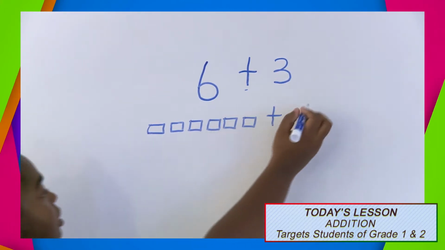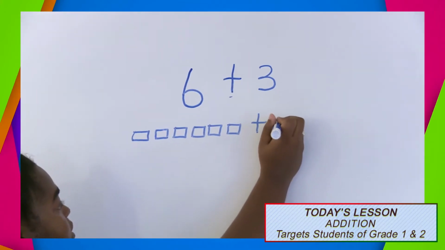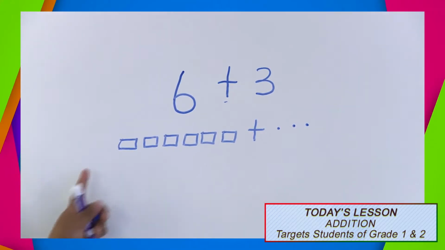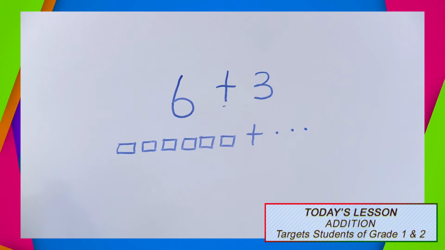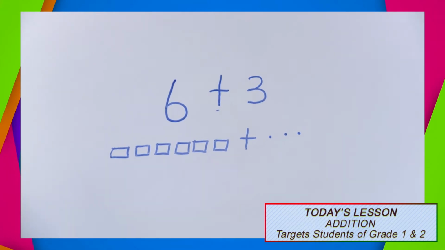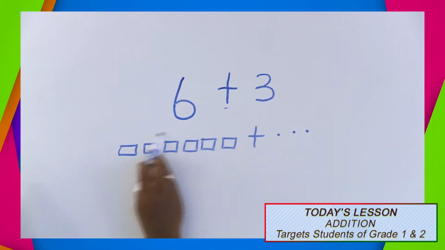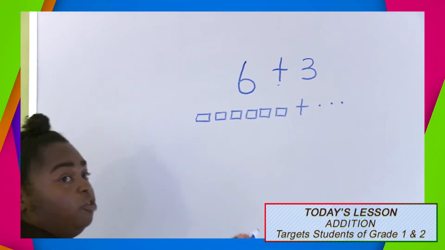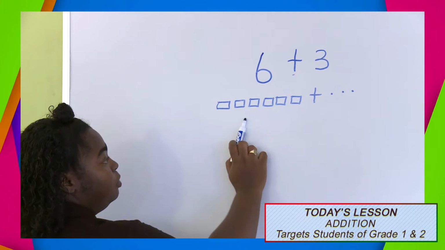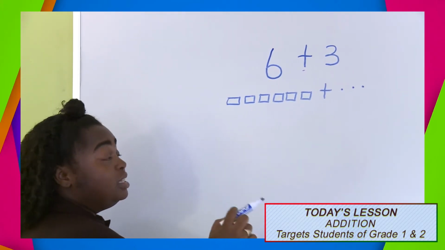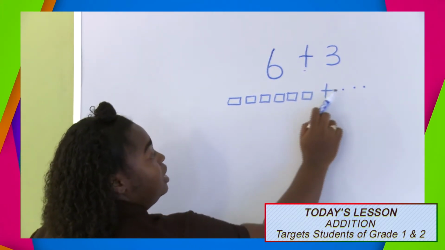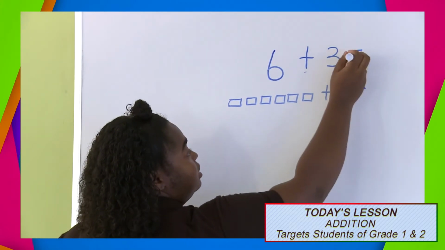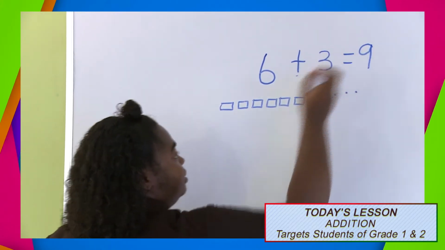And 3 dots. 1, 2, 3. Now we need to add these shapes together to give us our answer. Now we know this is 6, so we don't need to count it one by one. So we just continue from 6. 6, what number comes after 6? 7. So let's go. 6, 7, 8, 9. What is the answer? 9.